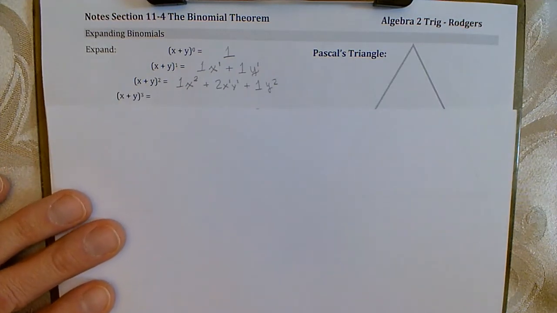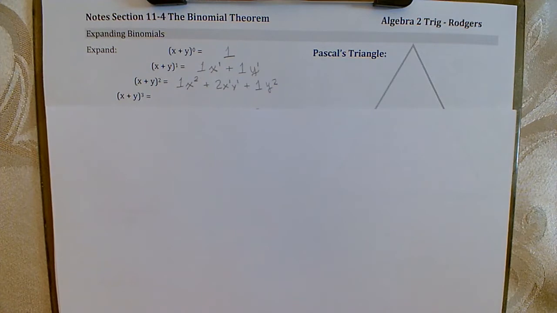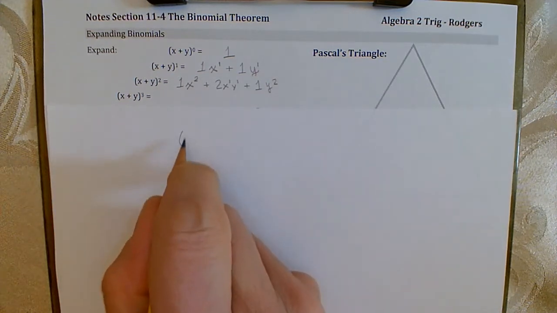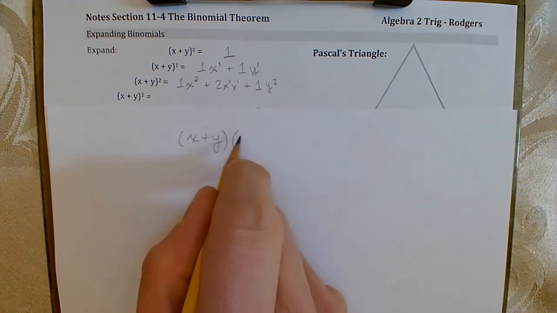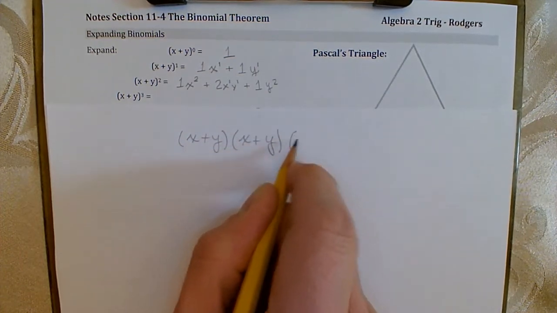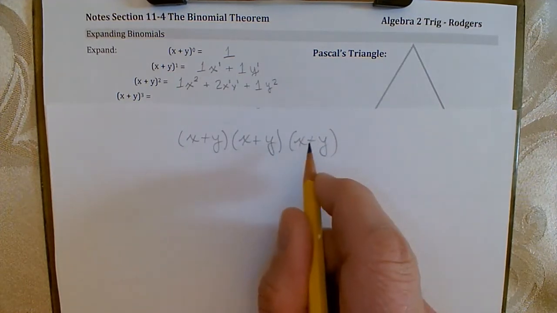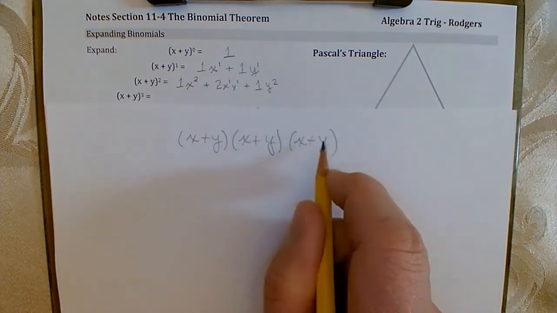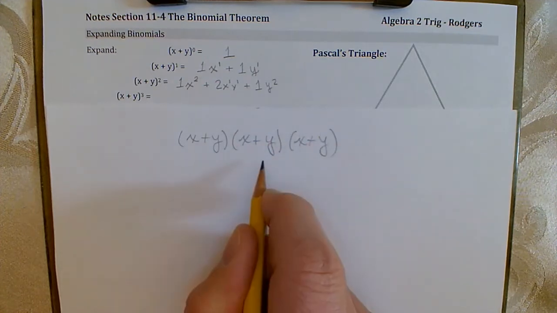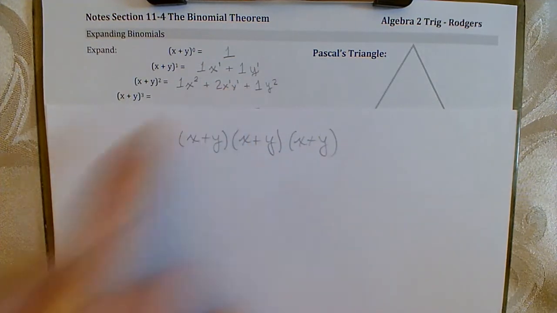Okay, so now what I'd like you to do is try to expand this one out. So this is the binomial x plus y cubed. So most of you probably can't just write this out. You'd have to write out those two binomials. So you'd have to do something like x plus y times x plus y times x plus y. Foil these out, and then take this and foil this, or multiply this binomial by the resulting trinomial that we would get, which we know is the same thing as this up here.